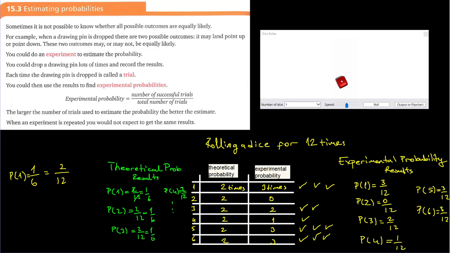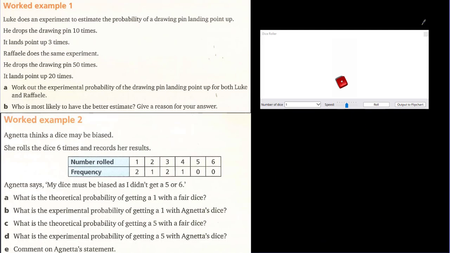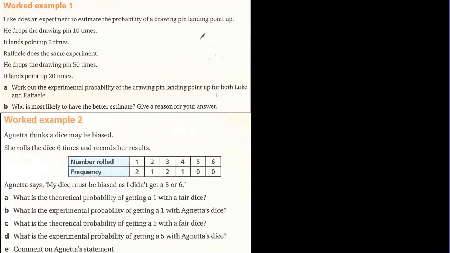Let's solve one more exercise to understand this one. Here I'm going to leave this one and look at an experiment to estimate the probability of a drawing pin landing point up.